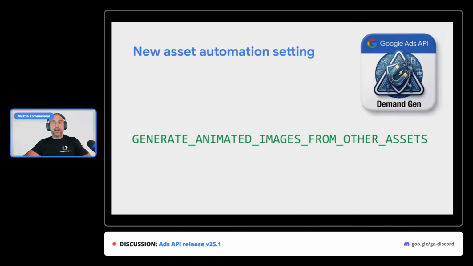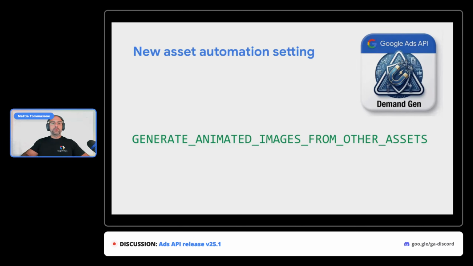Finally, in V25, we also released a new asset automation setting in demand gen campaigns, which is another space of the API that I'm working closely with. It's an asset automation setting that allows you to generate animated images from other assets. So when you set your assets in a demand gen campaign, then you can leave this asset automation setting on because it's on by default to actually have our AI magic generate animated image assets from your own assets.